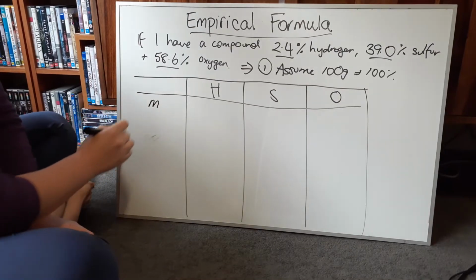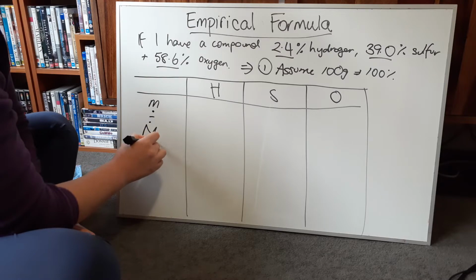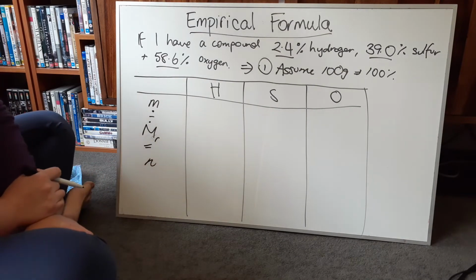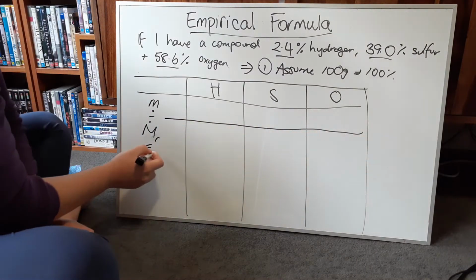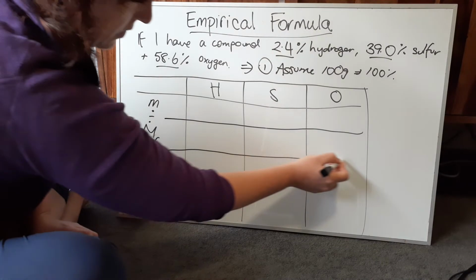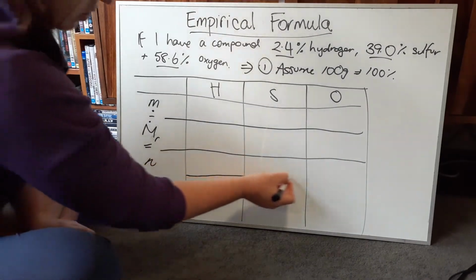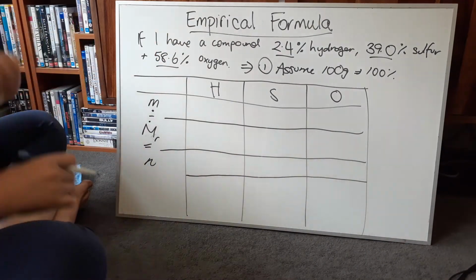Now, we remember that the mass divided by the molecular mass equals the number of moles. So in the first column, we're going to have our mass. In the second column, we're going to have our molecular mass, and then we're going to have our number of moles. If we have this here, it's a reminder of what we need to do.